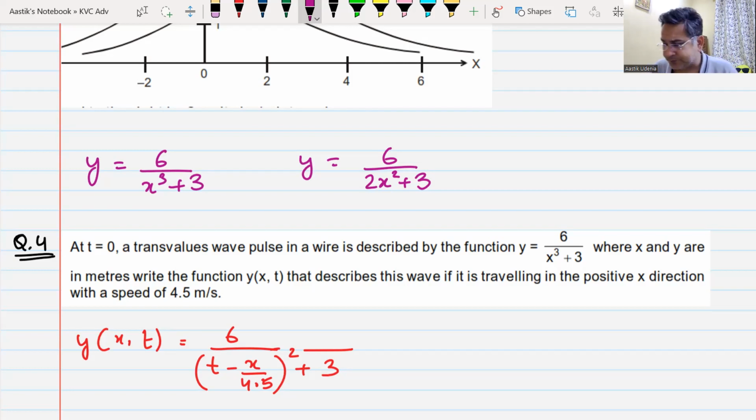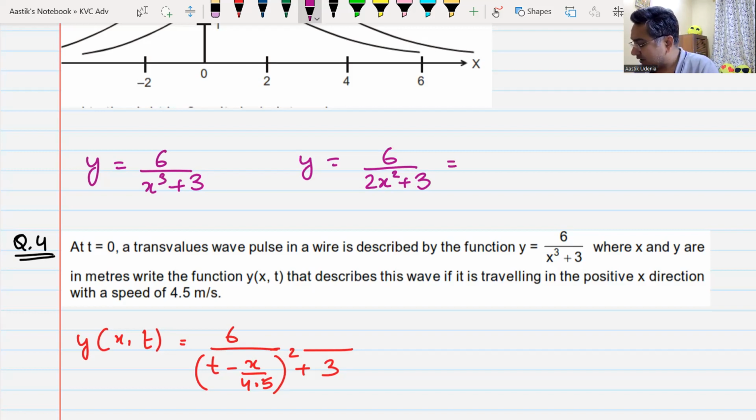Am I clear? Just in place of x, you put that, and you will get the rest of the things as well. Don't worry. Or if you have this equation, you can write it this way also.